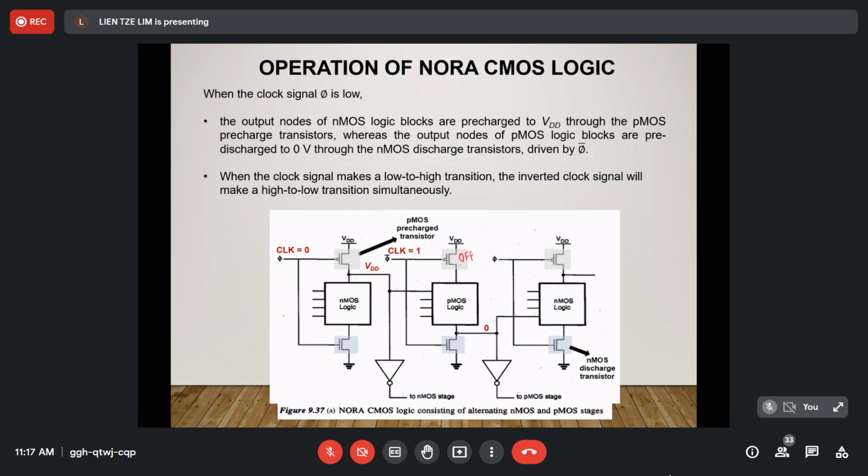The PMOS is off, and then this NMOS will be on. So here you see there is a conducting path, and the output here is 0. This is what is meant by this. And then this circuit operates similarly to this one, since the clock is of the same clock signal.